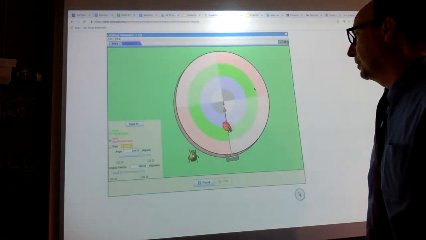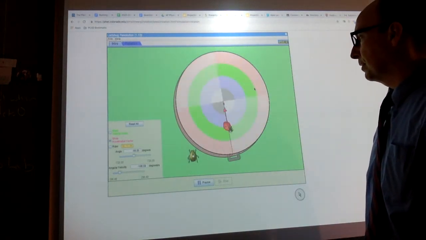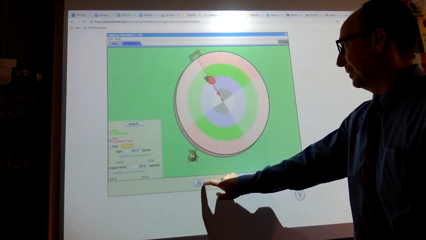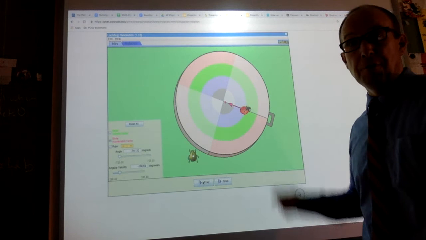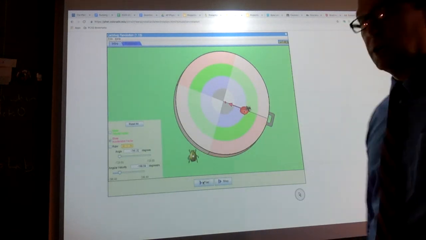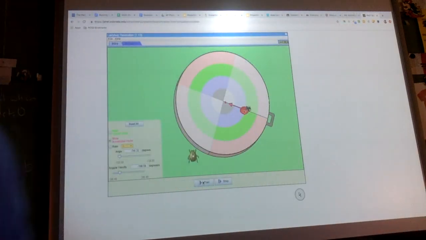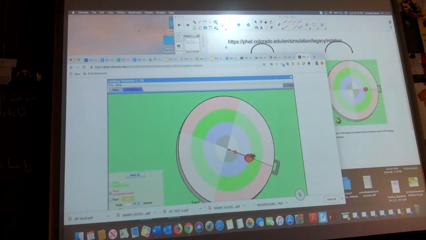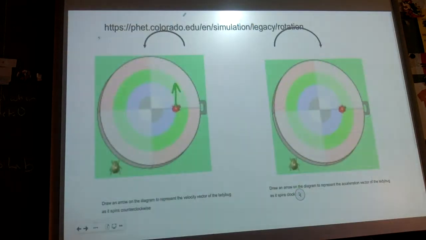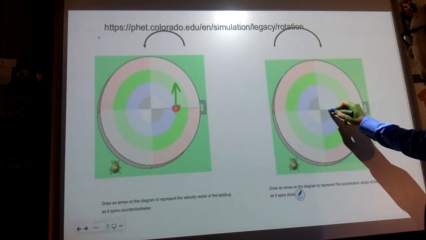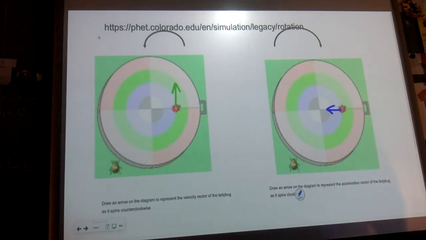Let me go a little faster, and I'll pause at the same spot. Oh, no, I missed it. It should have been towards the center. Our acceleration was towards the center.